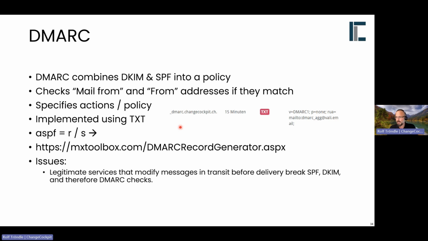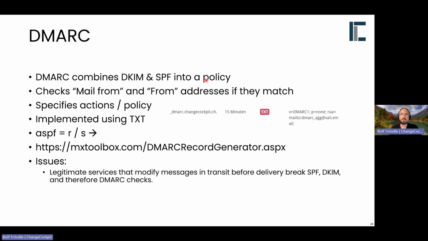Then we have DMARC. DMARC combines DKIM and SPF into a policy. I mentioned before that it's loose, but with DMARC, we can specify who and what happens with the emails sent from your domain.